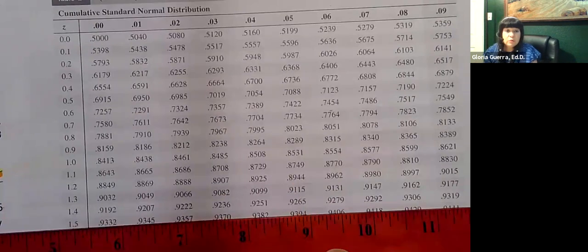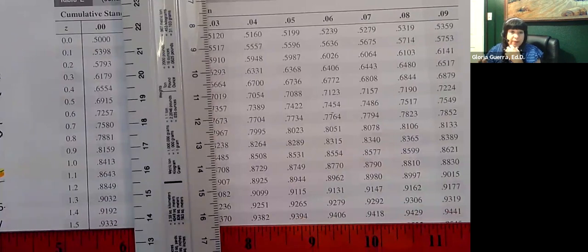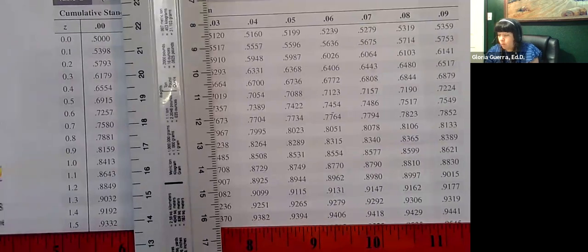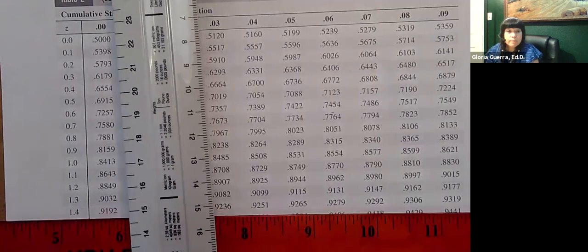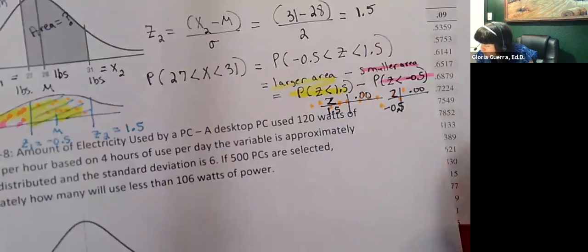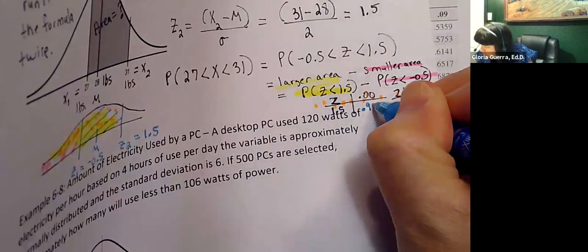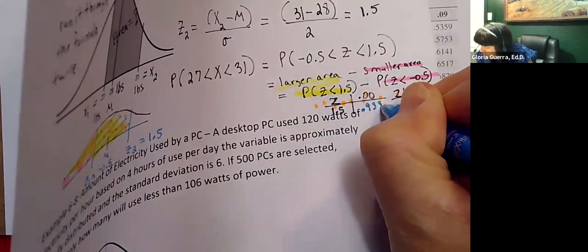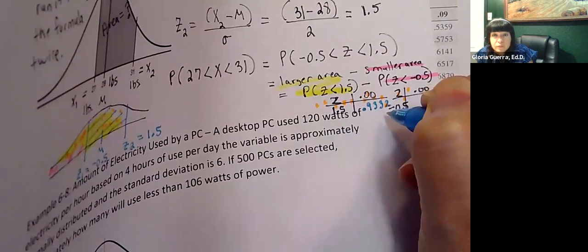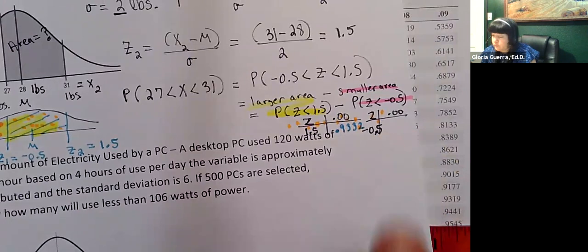And if I use my two rulers, you see that it's 0.9332.